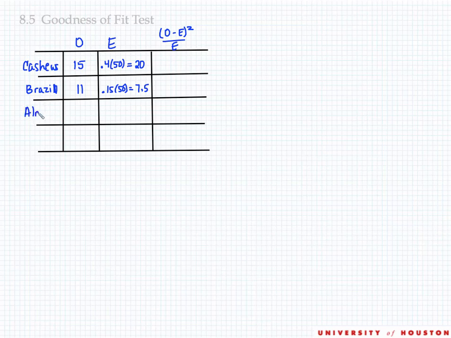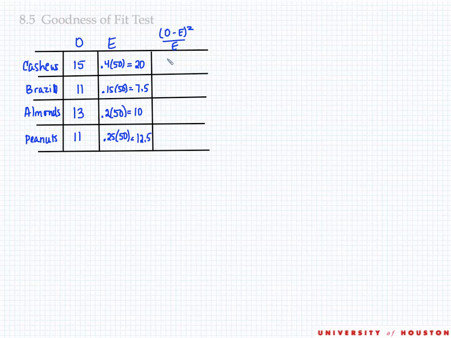Next, we had almonds, where we observed 13 pounds, and the expected percent was 20%. So 20% of the 50 pounds, we would expect to have 10 pounds of almonds. And last, for the peanuts, we observed 11 pounds, and we were told that 25% would be the expected amount for peanuts. 25% of 50 pounds is 12.5.